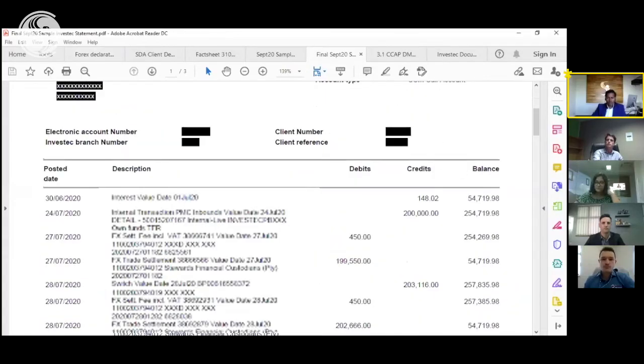Thank you, Bruce. So that gives us a lot of the theory. Let me take a moment to share a bit of how this looks on my statements. I'm just going to quickly share my screen here. This was my Investec statement, and you see here that there was 200,000 Rand, and then I sent out 199,000, and I incurred a 450 Investec outward transfer fee.